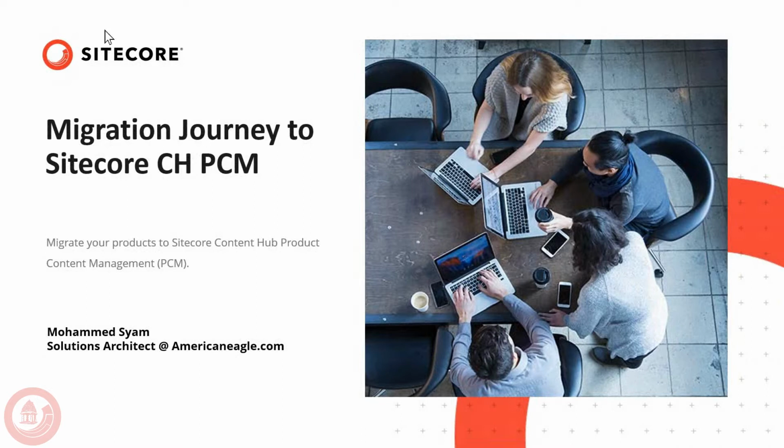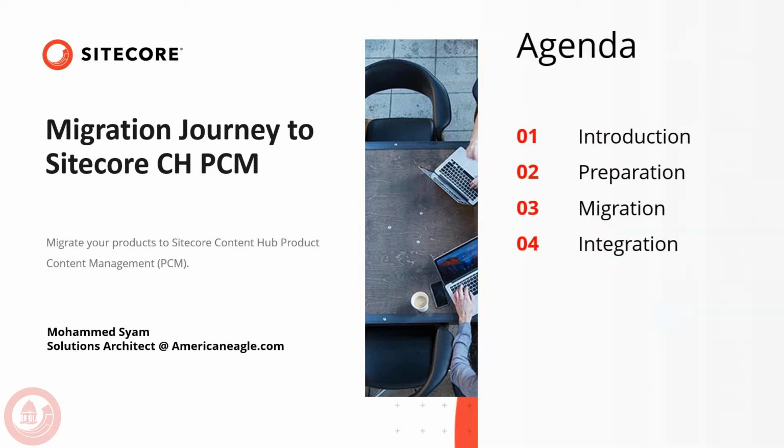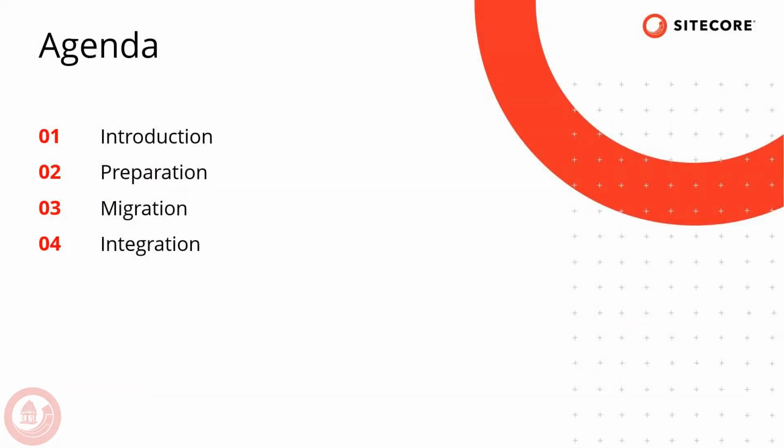So in today's session, we will go through a migration journey to Sitecore Content Hub PCM. Basically, over the next 30 minutes, I'm going to give you a quick overview of what Content Hub PCM is.